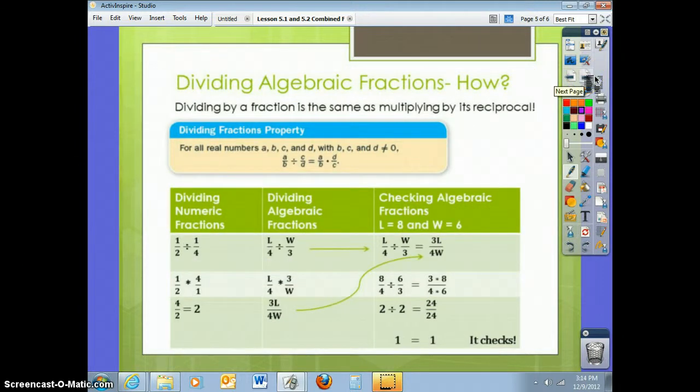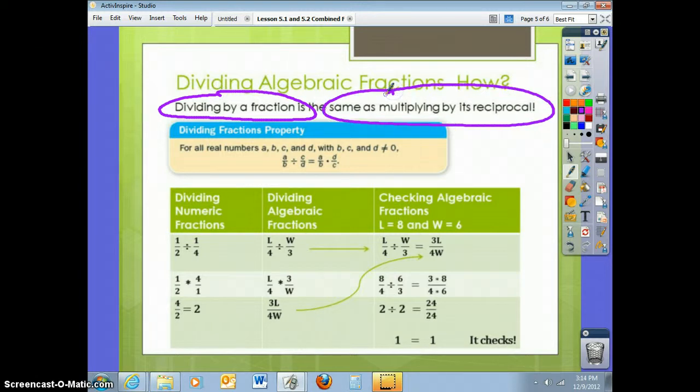All right, let's talk about dividing algebraic fractions. Dividing an algebraic fraction is done the same way as numeric fractions. Dividing any fraction is the same as multiplying by its reciprocal.